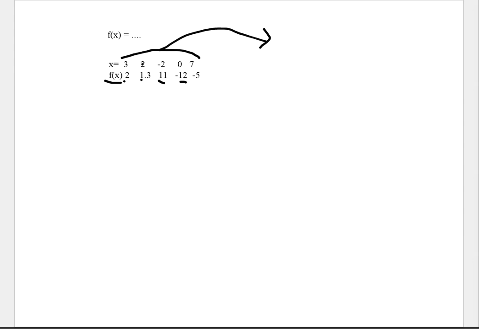It is the best value because it is the lowest or nearest. 2 is the best. Yes, some people say 2 is the best value. Why? Because the fitness value of 2 is nearest to 0.